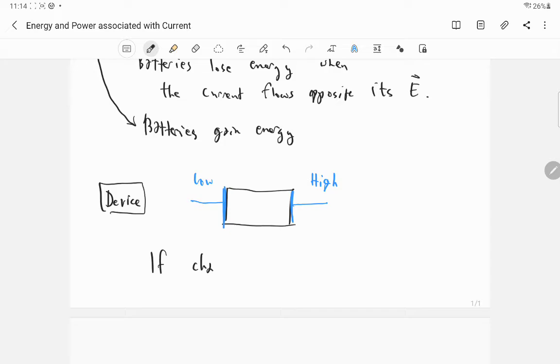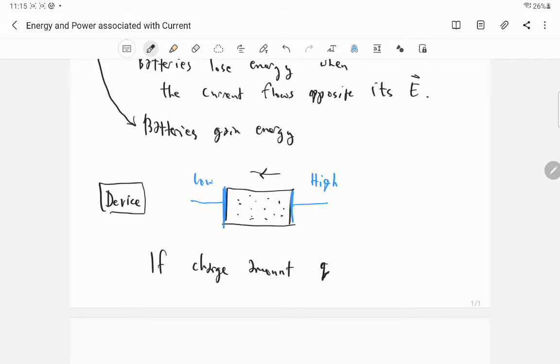If a charge amount Q crosses the device, right, so electric current is because of a bunch of little charges, and they're going to flow this way. I'm talking about the conventional current sense.